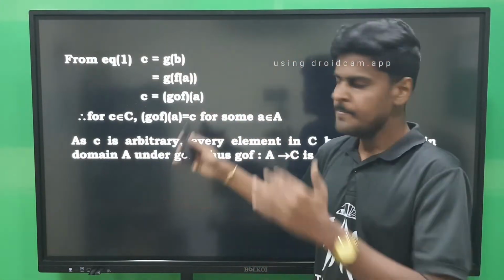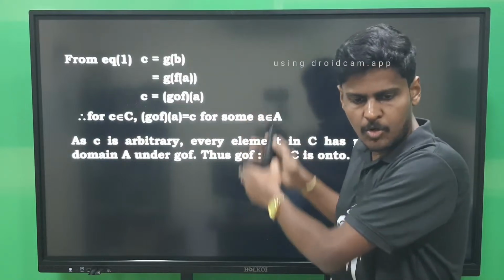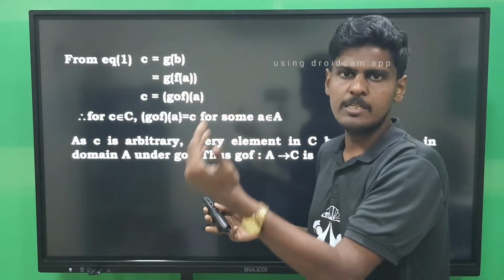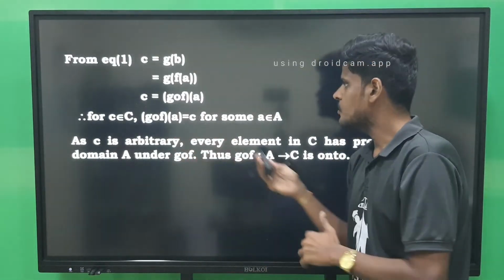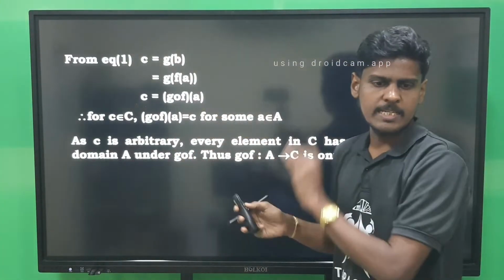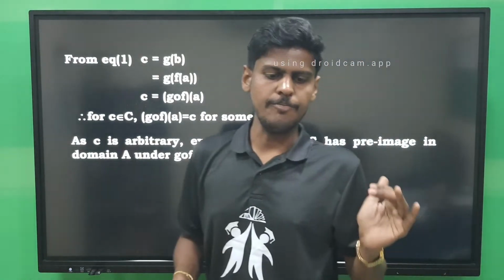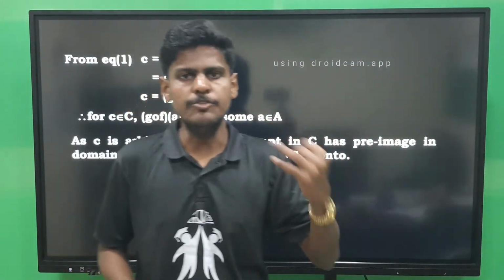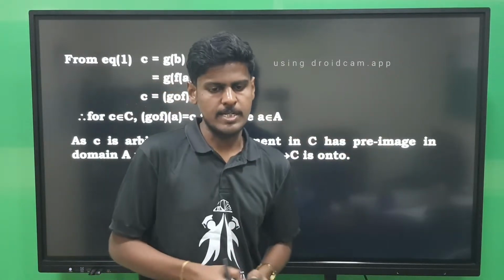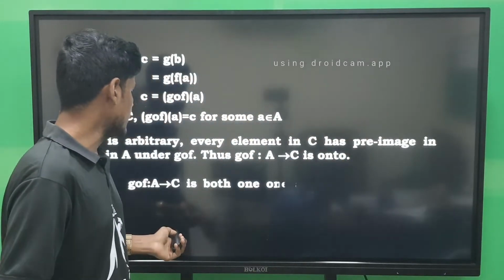Onto is nothing but for every element in codomain, there should exist some pre-image in domain. That is what we proved from the second step. So from both these steps, we understood that g of f is a one-to-one as well as onto function. So g of f is a bijective function. That is the proof for the second theorem.